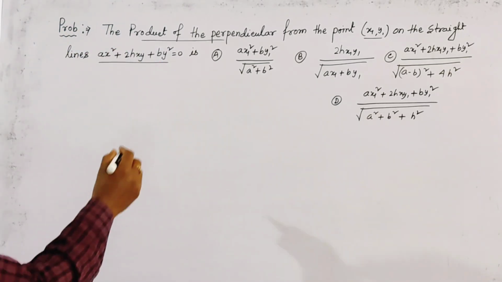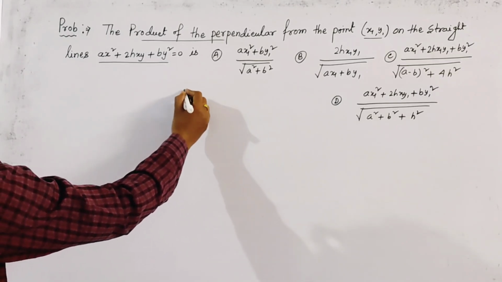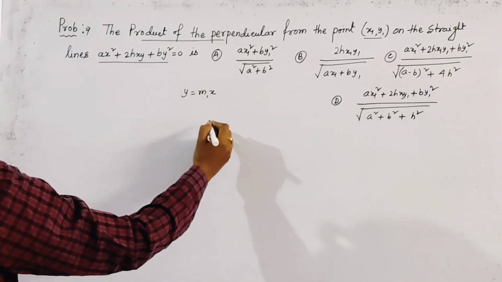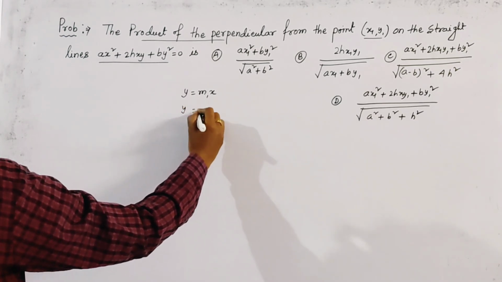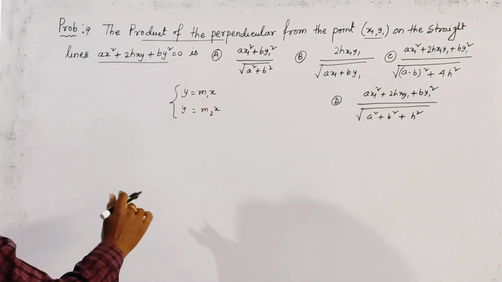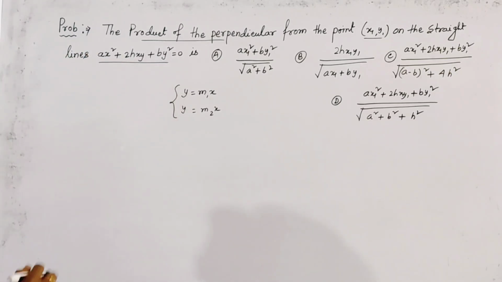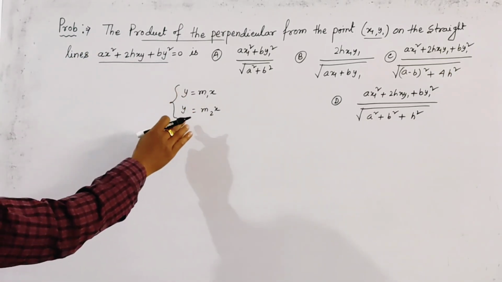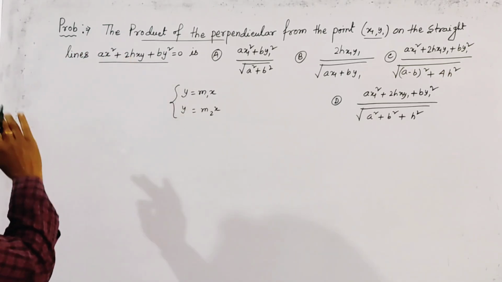Let the first two straight lines be y = m1x and y = m2x. Since these two represent the pair of straight lines, we compare the product of these with the given equation.